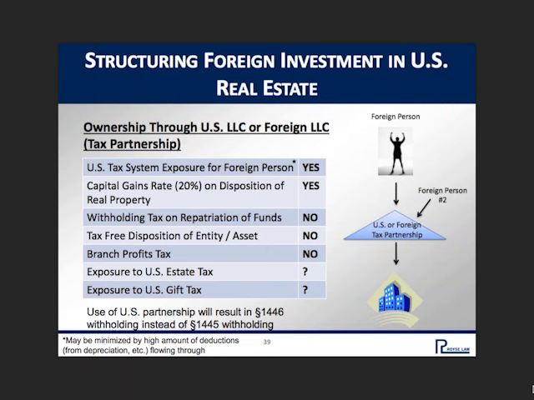And let me just point out that even with a foreign partnership, I'm not super comfortable with the U.S. estate tax result, because the statute is only clear about foreign corporations, not about foreign anything else. Okay.